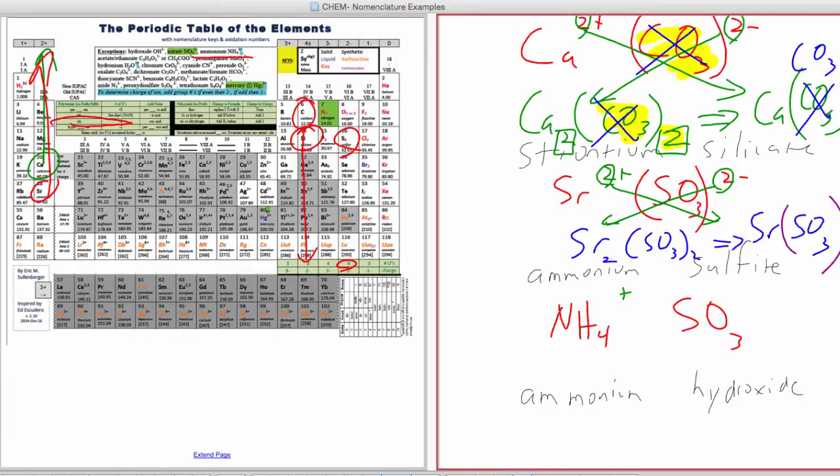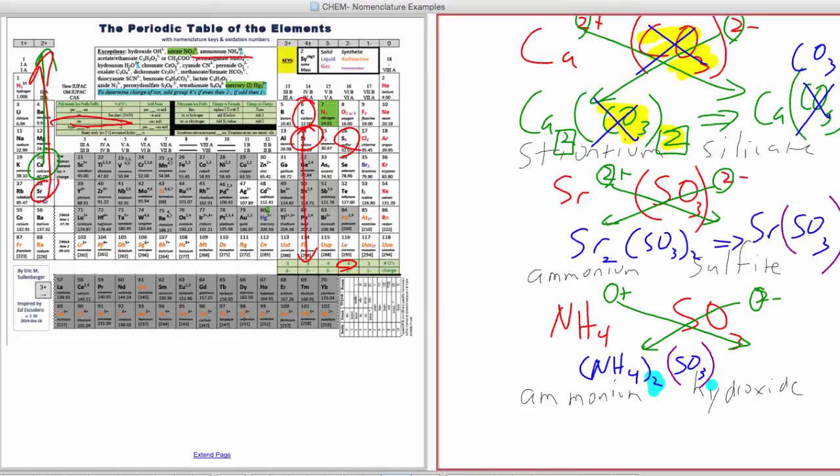And then this thing has a charge, which is 2-. So then we crisscross, and we end up with parentheses NH4, parentheses 2, SO3. Again here, the parentheses are required on ammonium because the 2 subscript on the outside applies to the whole thing. Not required on sulfite because there's no subscript there, but again, highly, highly recommended.